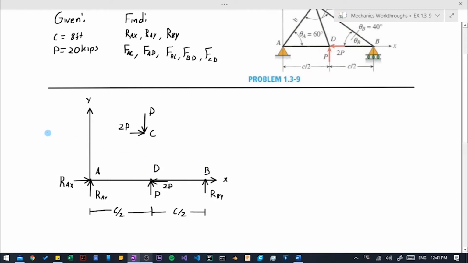So we need to know this distance. And this part is important because we'll be using our summation of moments equation, and so we need to know the distance of each force from whatever point we choose to take our moments about. And then we also need this distance right here.